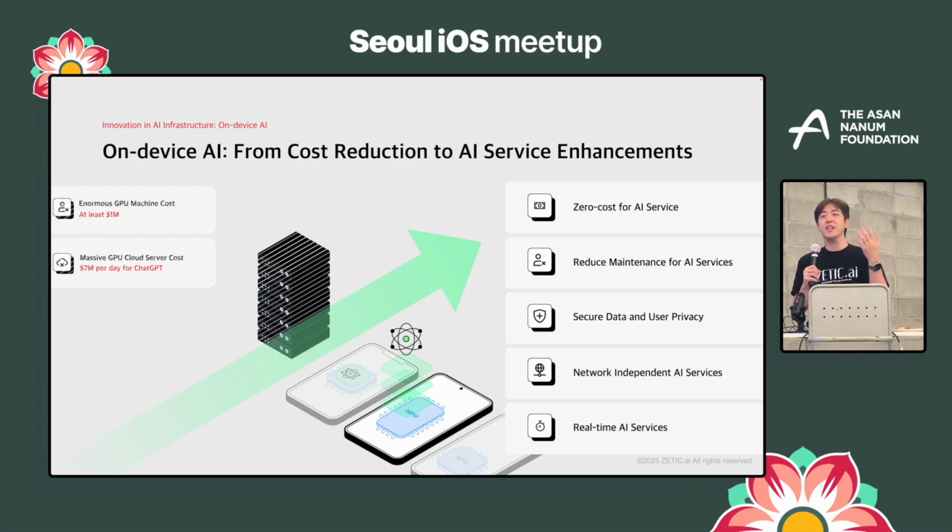And plus that, every AI service has a dependency on the network. So you cannot run ChatGPT on an aircraft or somewhere on the ground that doesn't have network infrastructure. So we can expand AI services throughout the world without network dependency through on-device AI.